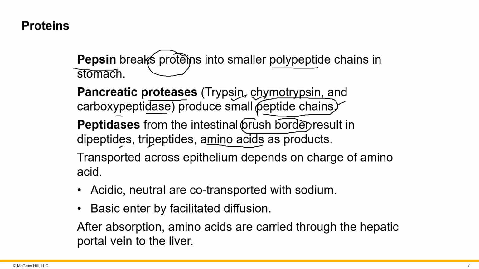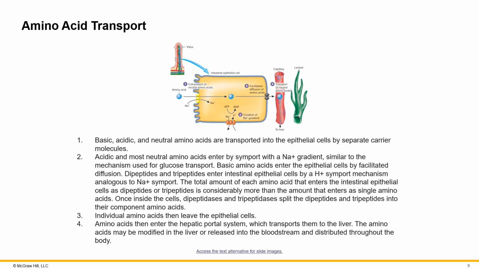Now, the way that individual amino acids are absorbed is something we're going to go over in the next slide. So here's an amino acid, and it is co-transported, very similar to glucose and galactose. It is co-transported using the sodium gradient. So again, sodium has a higher concentration here in the lumen, a lower concentration inside of the cell.